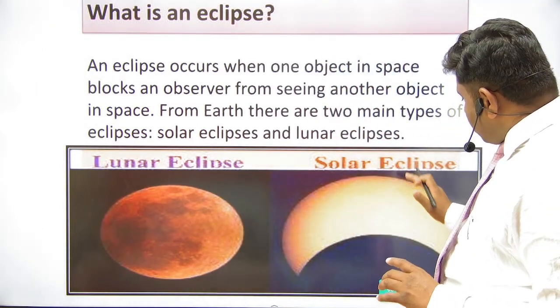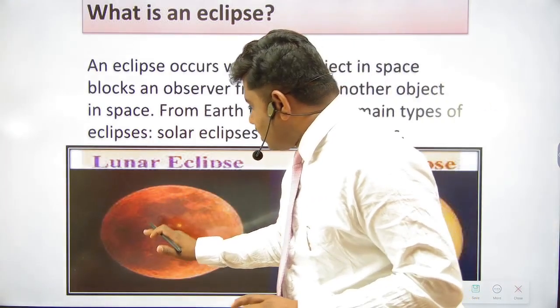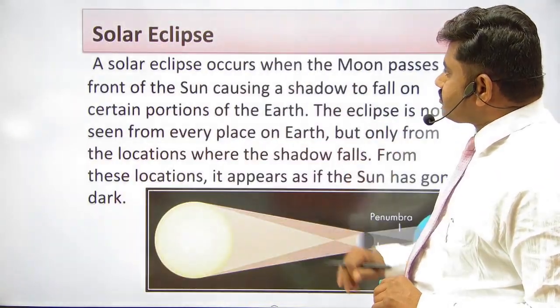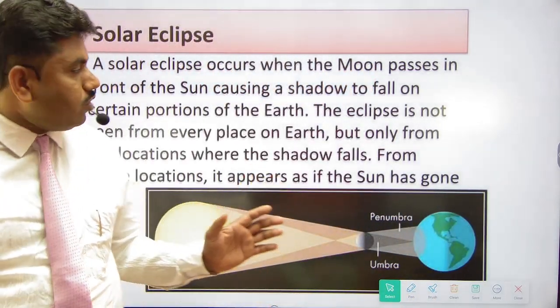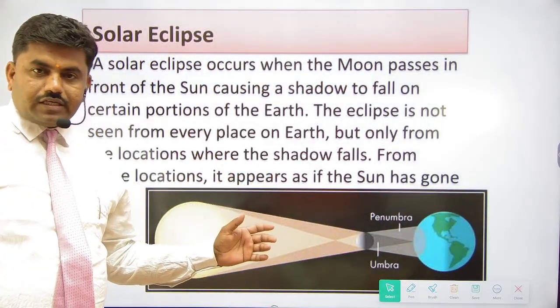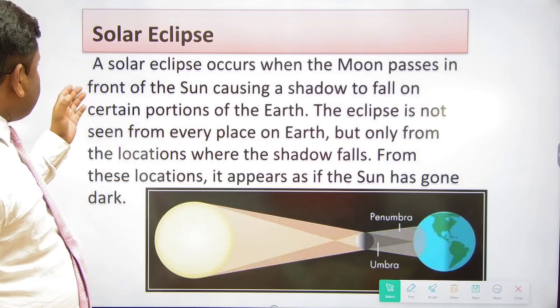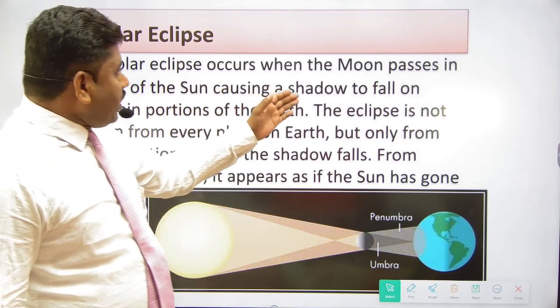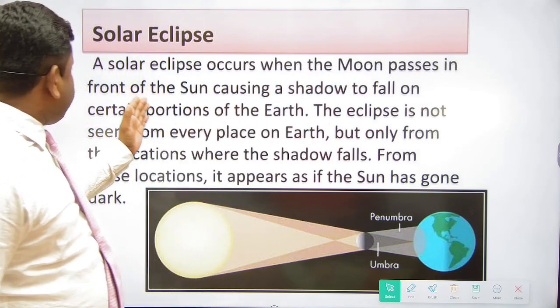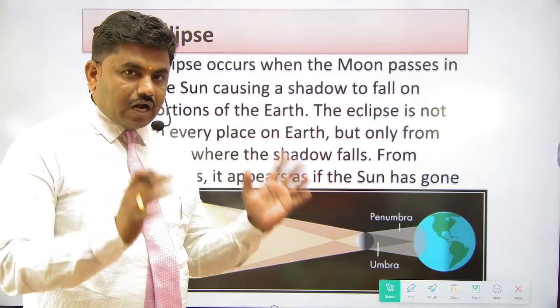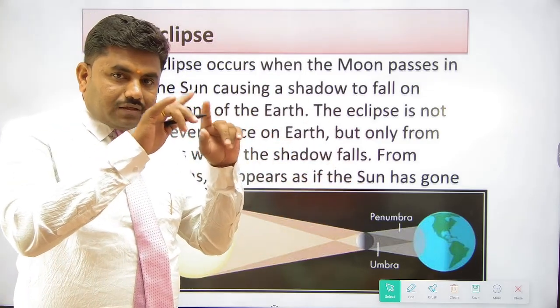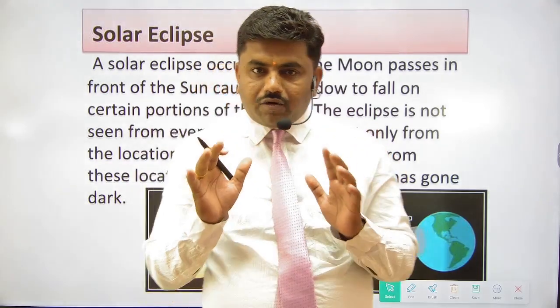See here, the solar eclipse is shown and here the lunar eclipse is shown. What is a solar eclipse? As we have seen in the last figure, a solar eclipse occurs when the moon passes in front of the sun, causing a shadow. The moon is the satellite of the earth.